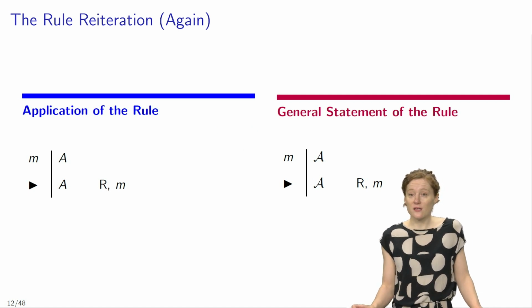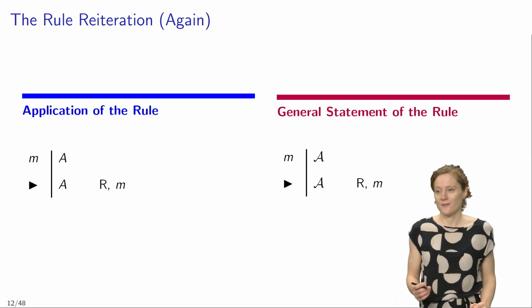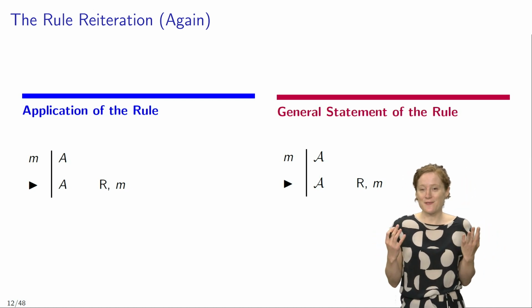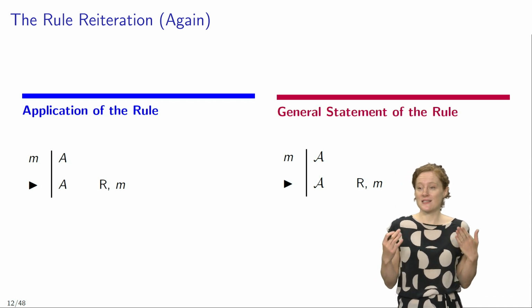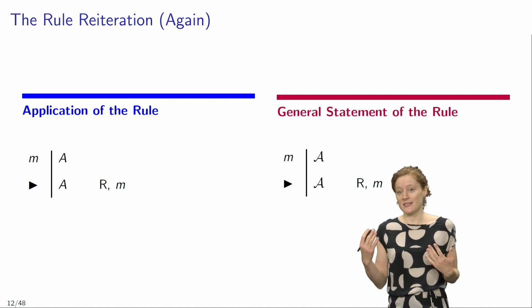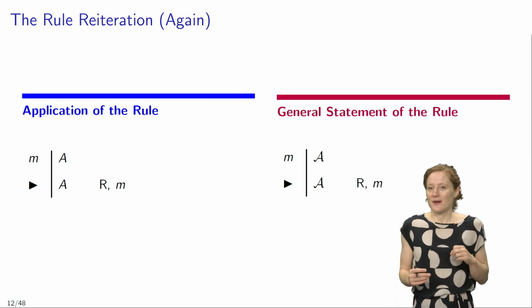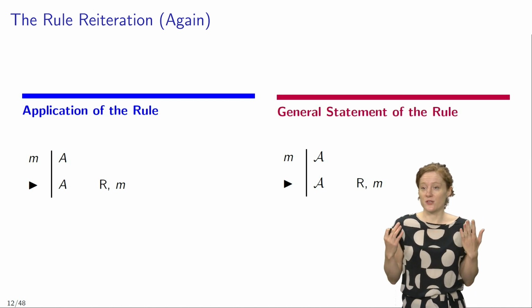Now, what we looked at there was really a specific application of the rule. The sentence A is a specific TFL sentence, and I told you that if you have this sentence A in your proof, you can reiterate it at a later point in your proof. But reiteration as a general rule is actually much more general.